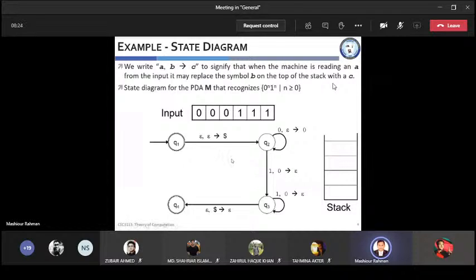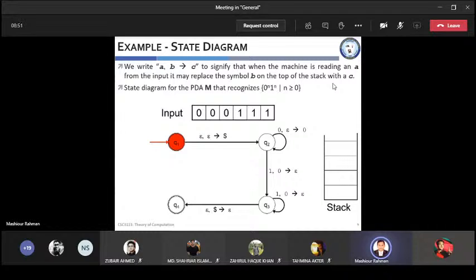Now let's begin with the simulation for 000111, this is the string that is over here. So we start at Q1, obviously, and the first thing that we do is push the dollar. Now when we push the dollar, obviously we are not going to read the input, which is represented by epsilon before the comma, and we also do not want to pop anything, that is represented by the epsilon after the comma.